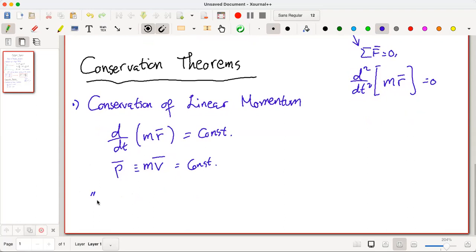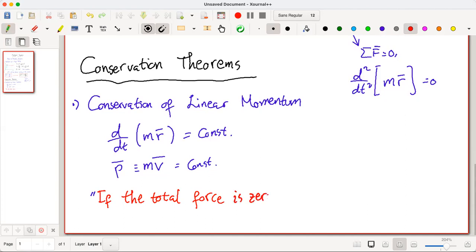I'm going to state this conservation law formally. If the total force is zero, and by total force I mean this includes the possibility that there are forces but they cancel each other, so at the end the total force is still zero.